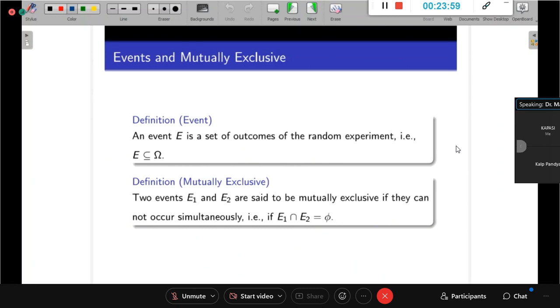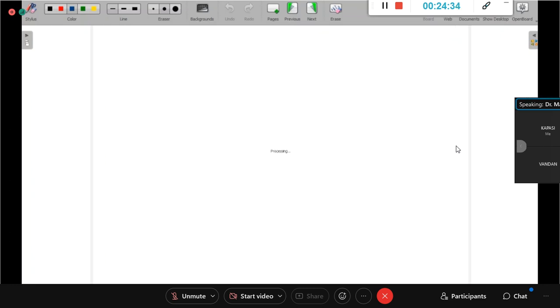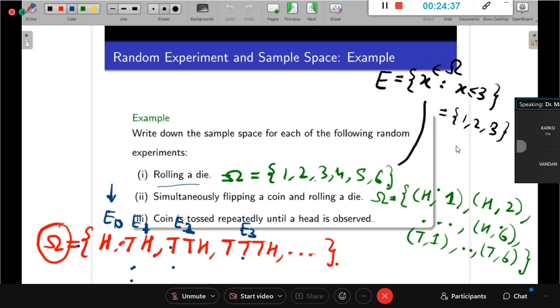So how about rolling a die and flipping a coin? You are performing a random experiment, rolling a die as well as flipping a coin together, and then you write a sample space, and based on that you note down outcomes, like we have done in the second case.